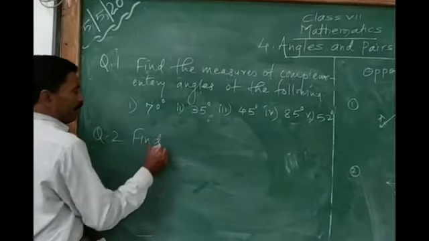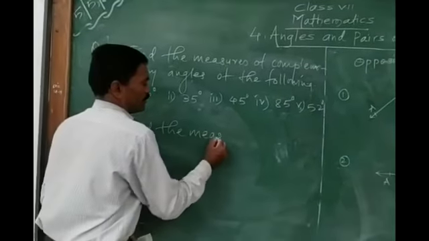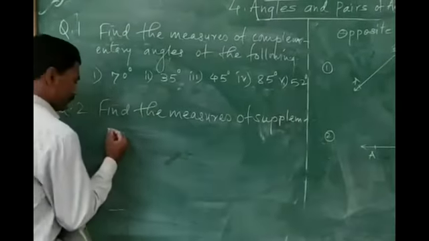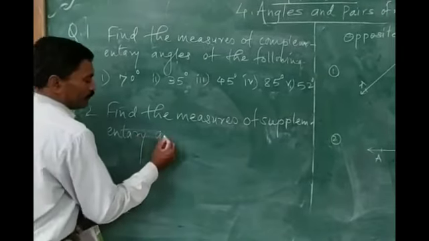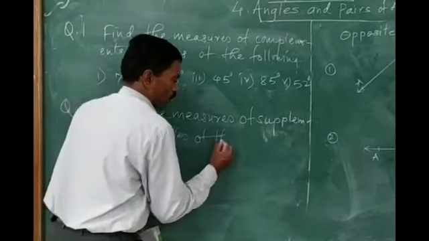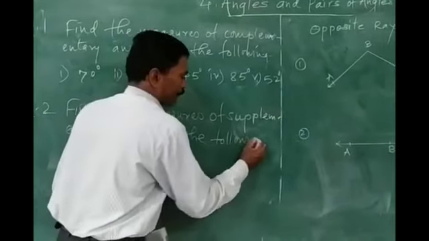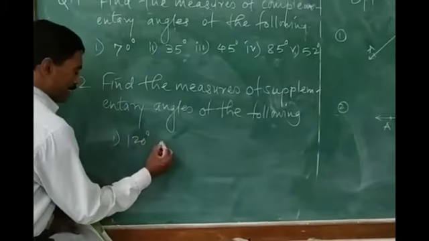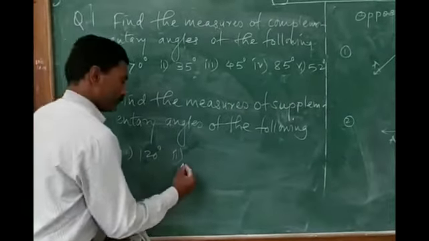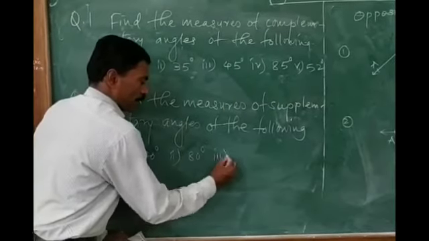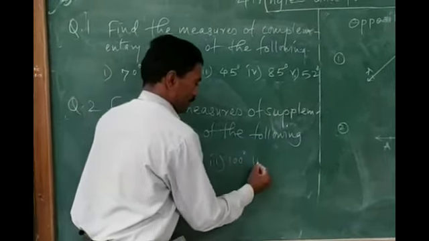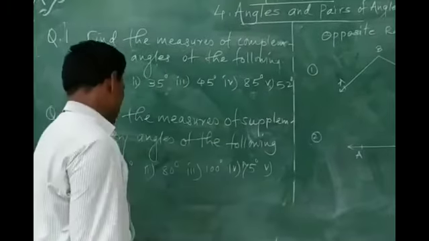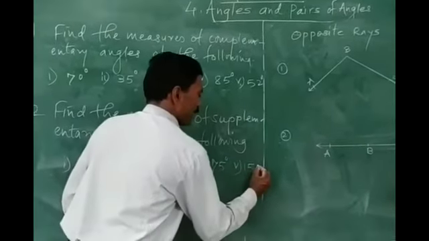Question second. Find the measures of supplementary angles of the following: 120 degree, 80 degree, 100 degree, 75 degree, and 150 degree.